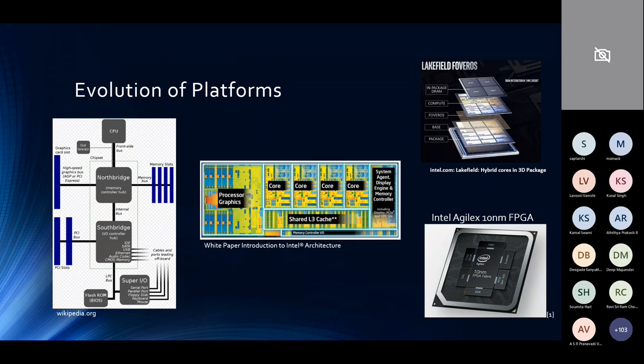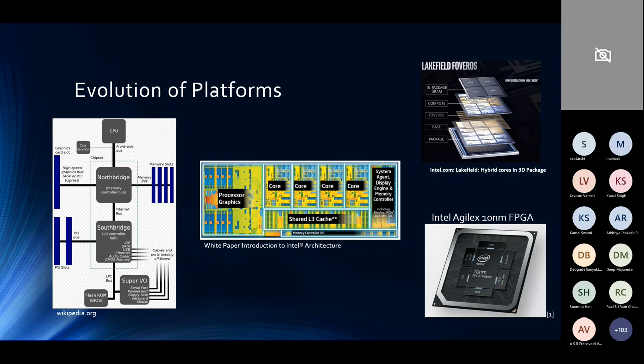And then we had something called a North Bridge and a South Bridge. North Bridge worked primarily as a memory controller hub, and South Bridge worked primarily as an I/O controller hub. So you have memory DIMMs and whatnot, which would get connected through the North Bridge to the CPU, and you would have the South Bridge, which would talk to PCI Express and other peripheral interfaces.